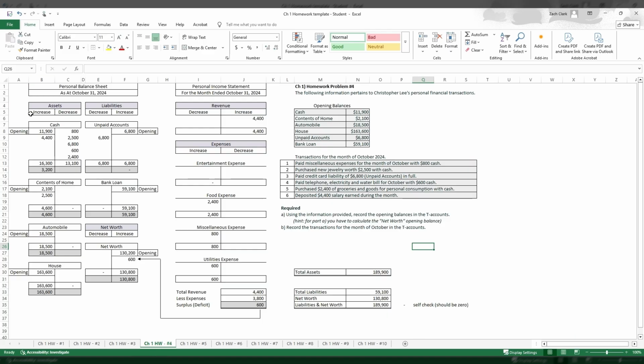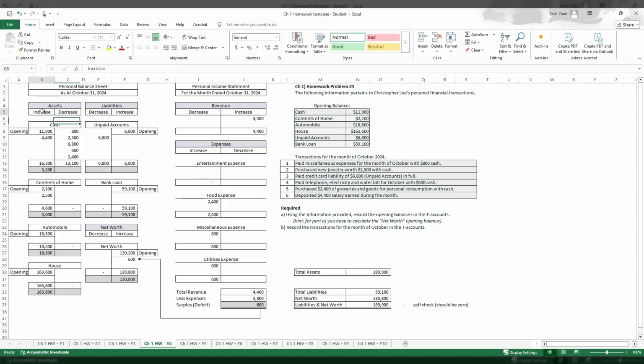So as you can see, there are numbers of different T accounts you can use, like we looked at in problem number 2. That was just looking solely at this. But when we kind of zoom out and look at the whole financial position here in total, we have assets, liabilities, revenues, expenses, net worth, and so on.